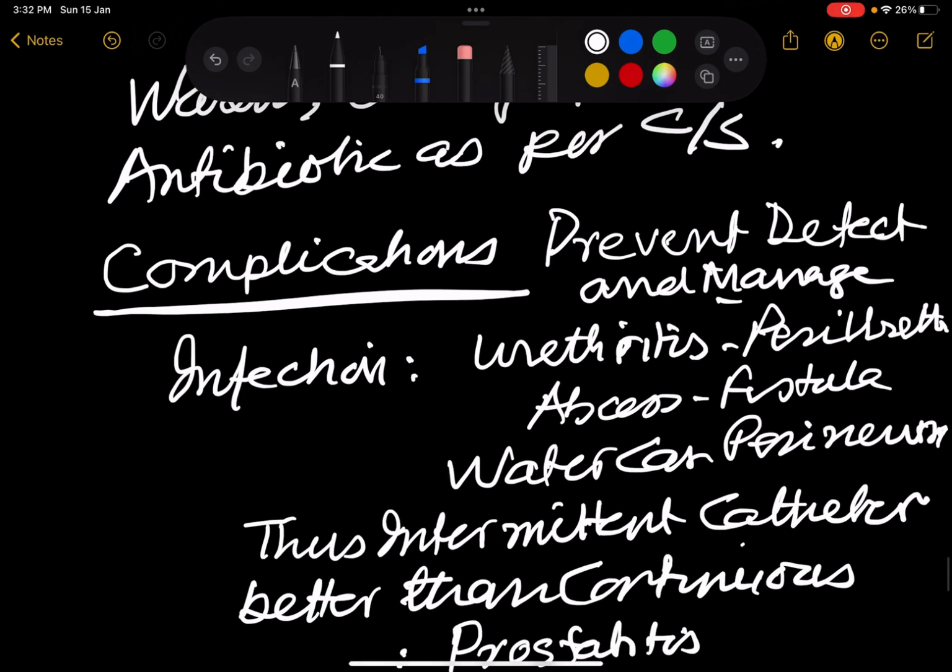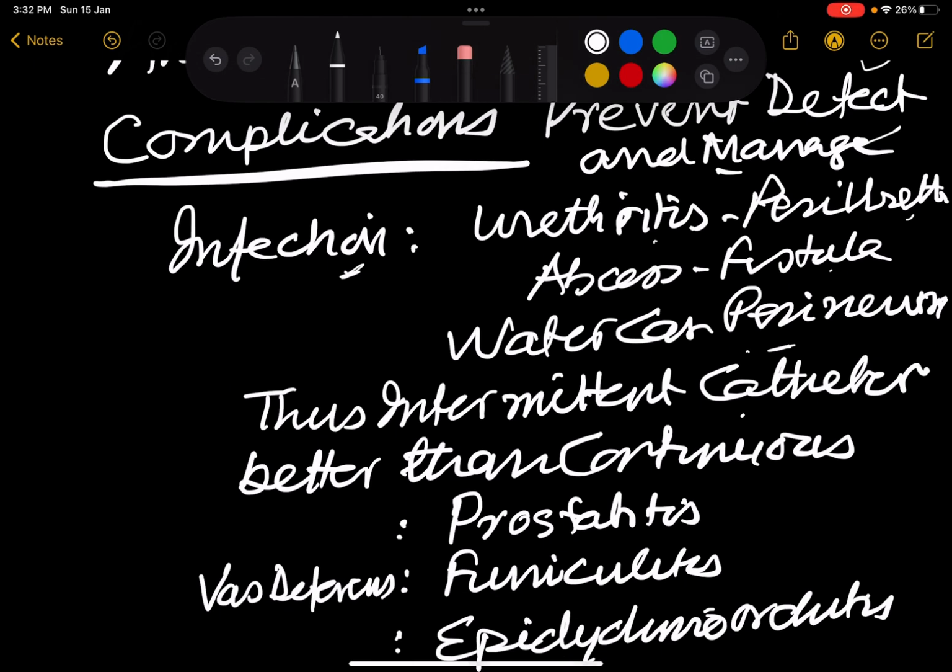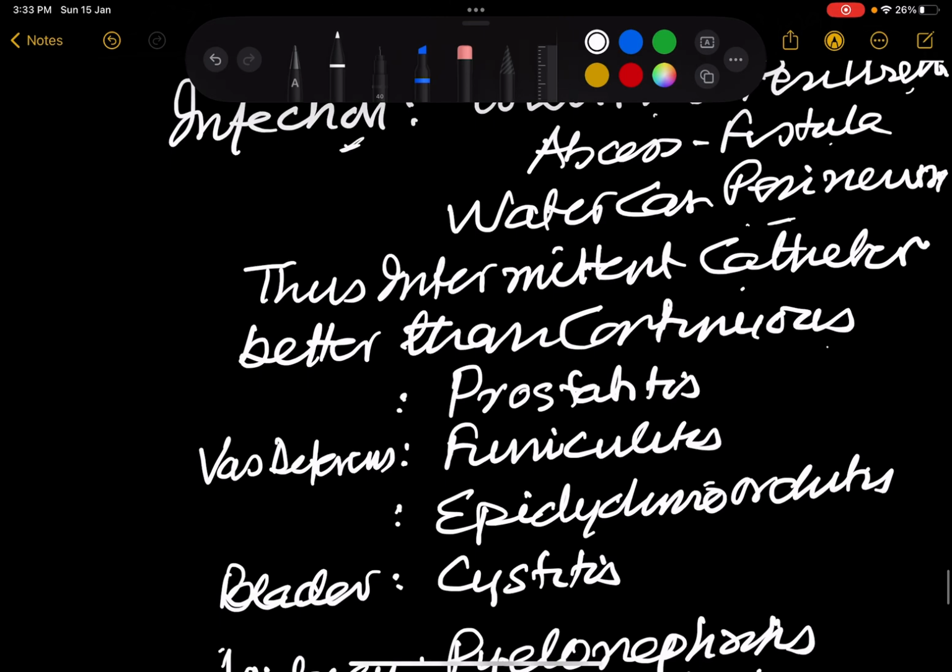What are the complications which have to be prevented, which have to be detected and managed? The first is infection. Infection in urethra, periurethral abscess, fistula, water can perineum. Thus, intermittent catheter is better than continuous catheter, and continuous catheter must be replaced as soon as possible by intermittent catheter.